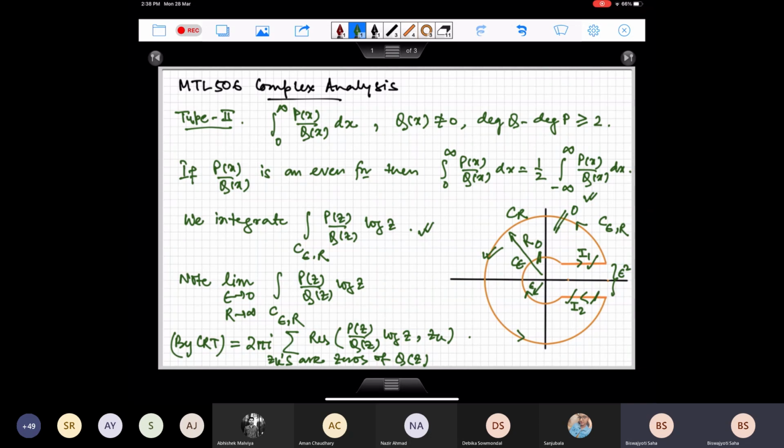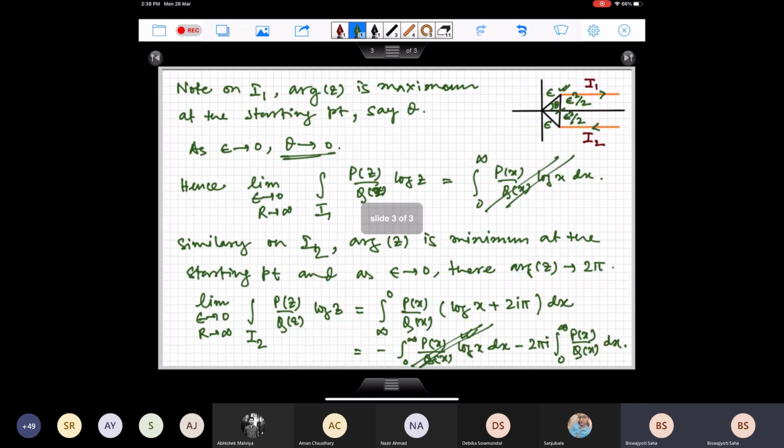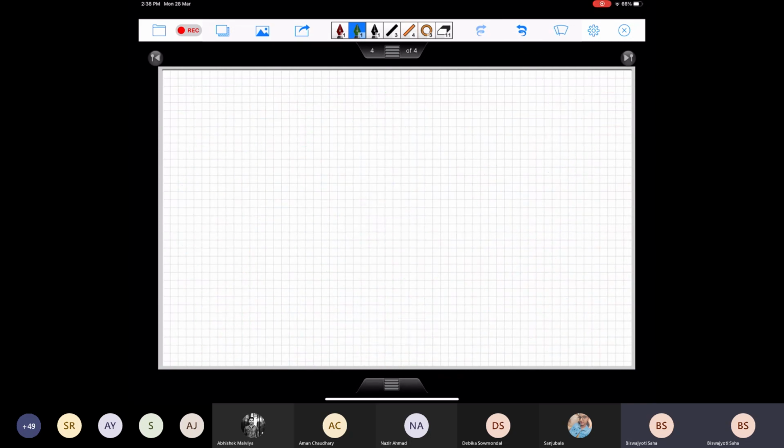And this quantity also gave something extra. So if I put all these together, adding all of this, we get the integral 0 to infinity px upon qx dx.